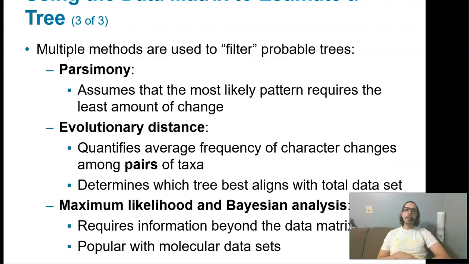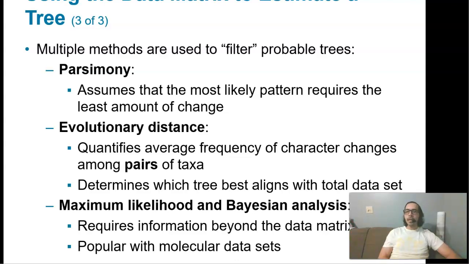So there are multiple methods used to filter probable trees. One is parsimony, which means that you're using the simplest explanation, so it requires the least amount of change. There's evolutionary distance, which quantifies the average frequency of character changes among pairs of taxa and determines which tree best aligns with the data that you have.